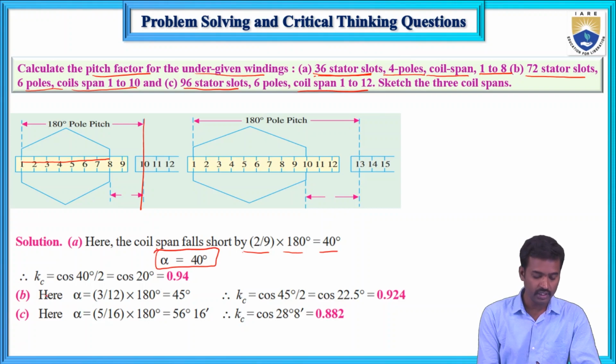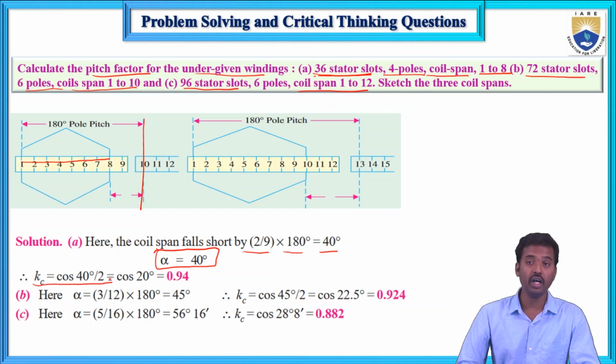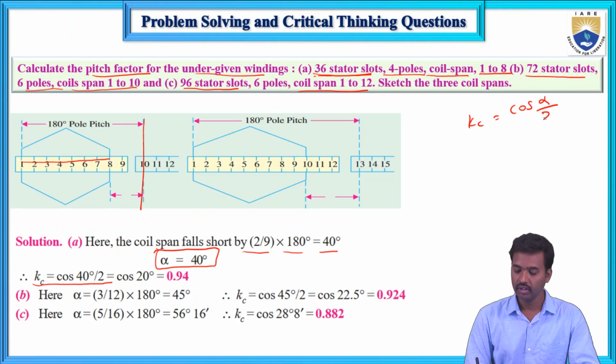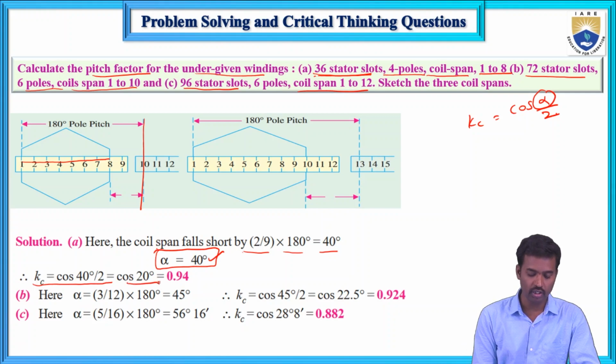Now Kc equals cos alpha by 2, where alpha equals 40. If you substitute, you will get cos 20 equals 0.94.